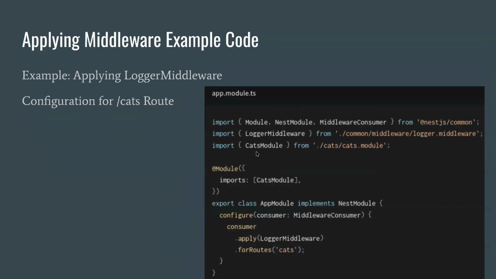Continuing on, we have the MiddlewareConsumer. We have set LoggerMiddleware for the cats route handler defined in the CatsController, and the configure method uses the MiddlewareConsumer to apply the logger middleware to the specified routes.